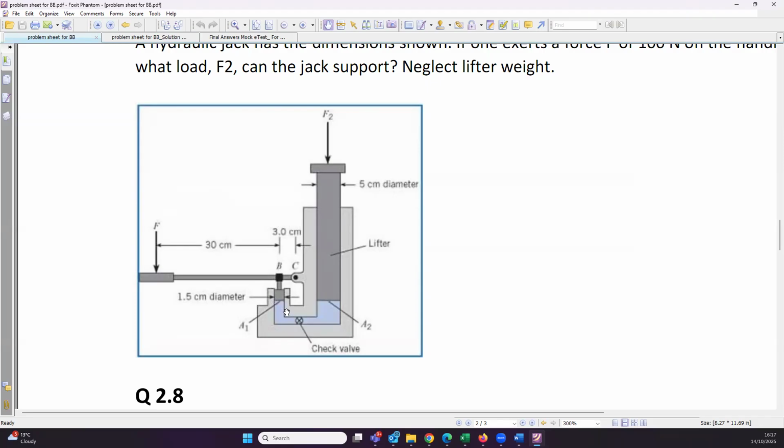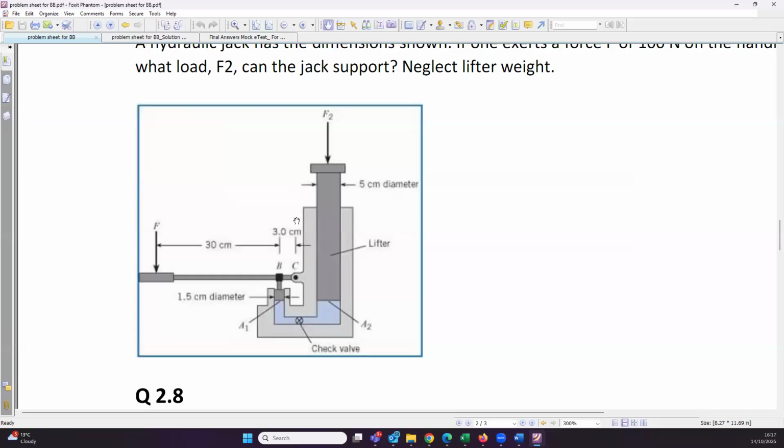And why will the pressure remain the same? Again, because of isotropy of pressure, as we have discussed in many cases of manometer, the pressure here and the pressure here will be the same because they are connected by the same fluid. So pressure remains the same.